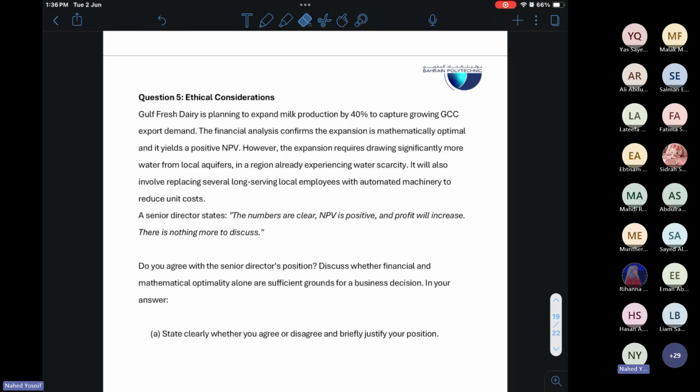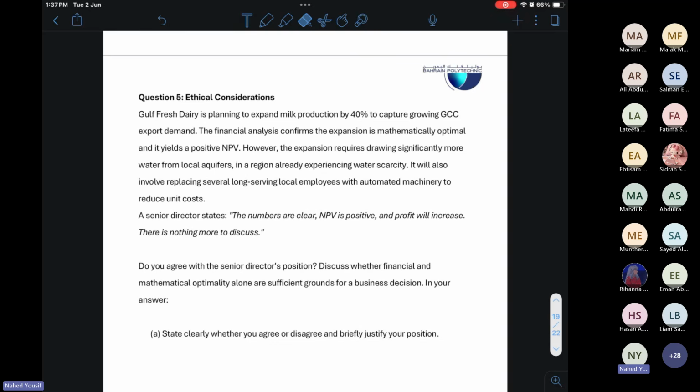It also involves replacing several local employees with automated machinery to reduce the unit cost. They will use a lot of machines, so they will not have a lot of employees, and the local employees will suffer from that, because the company will fully depend on machines instead.